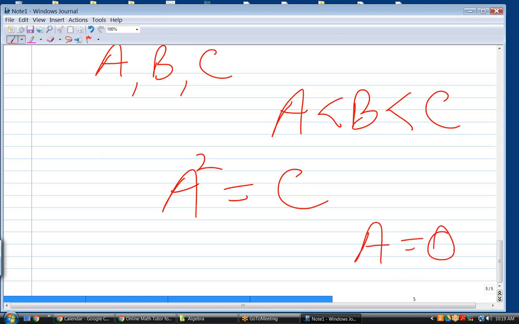No. It's not. In other words, these have to be consecutive. So if A was 0, it would have to be 0, 1, 2, like that. And then A squared would not be equal to C. So it cannot be 0.